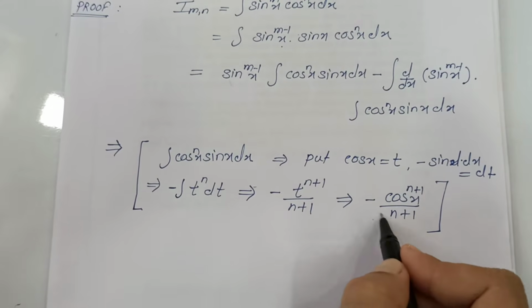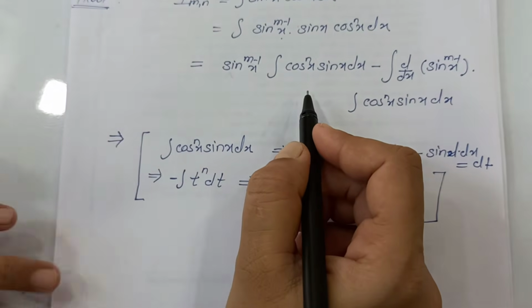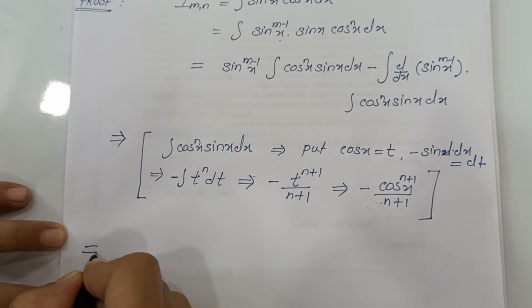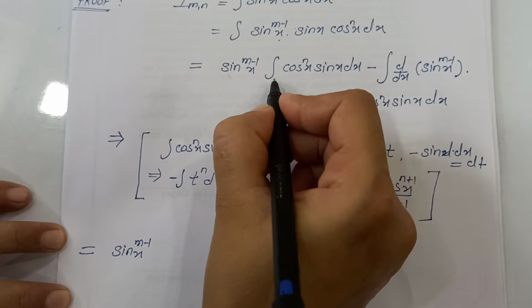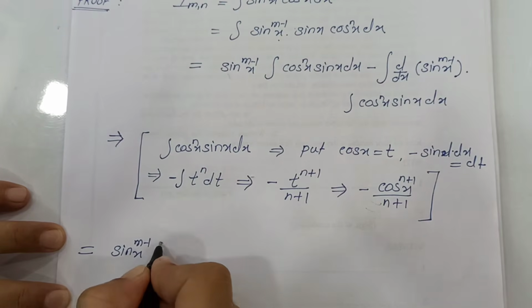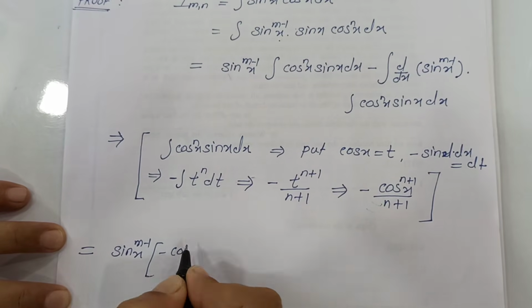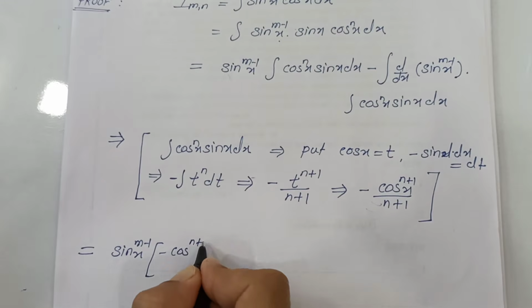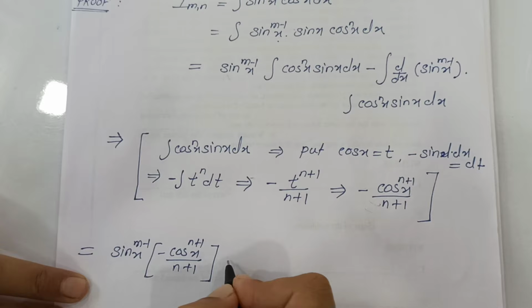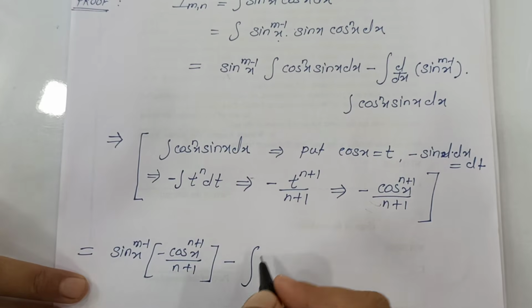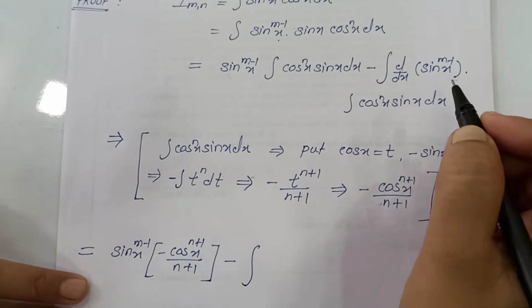So let's put this value in the previous step. What we get here is sin raised to m minus 1 x, value of this integration is minus cos raised to n plus 1 x upon n plus 1, then minus integration of derivative of the first function.